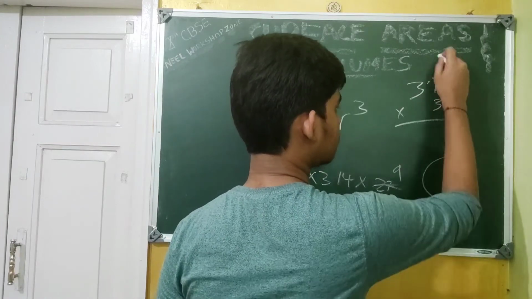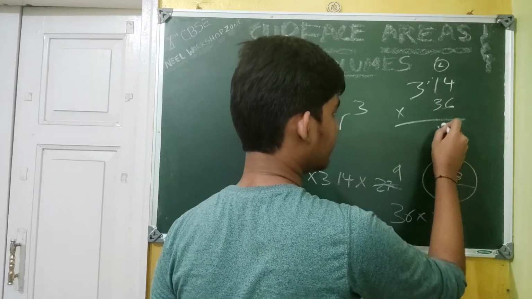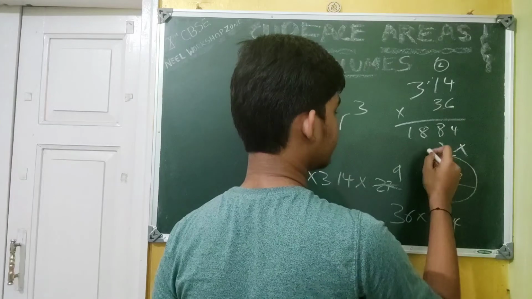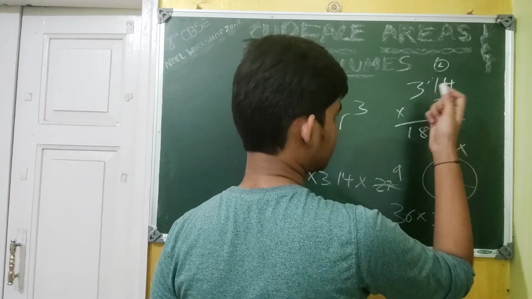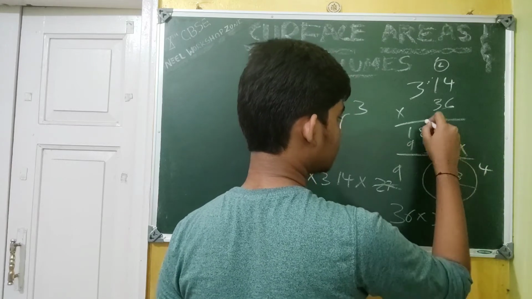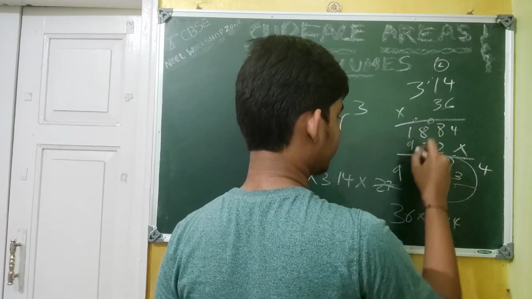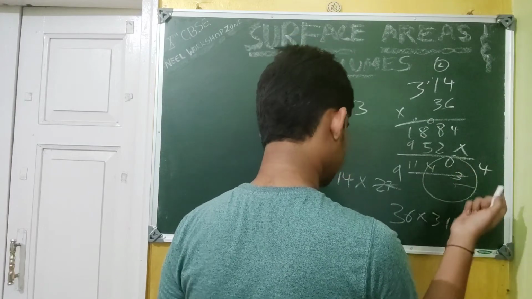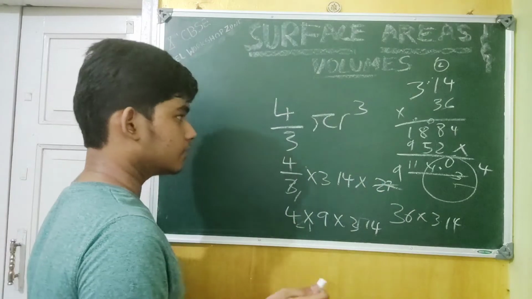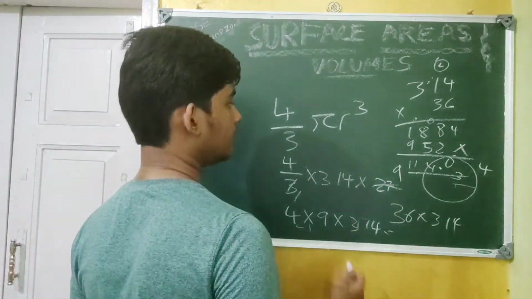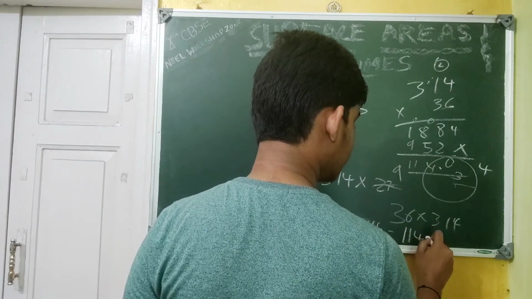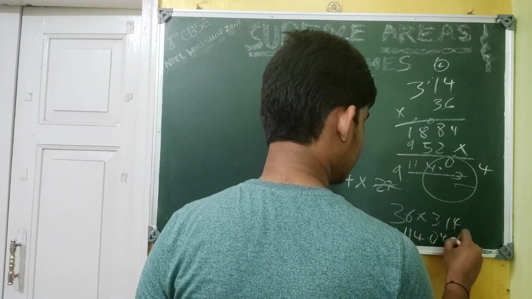By doing this multiplication, we can find out that the volume of the sphere is 113.04 centimeters cubed.